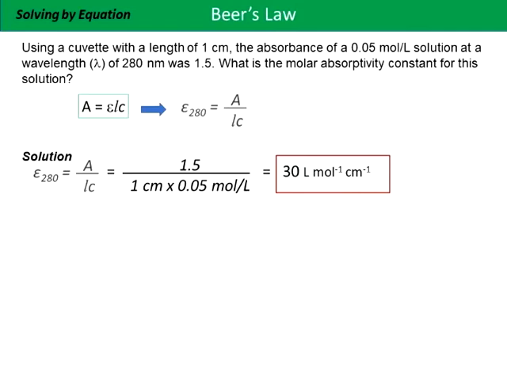We then put in the values of 1.5 for the absorbance and divide it by the path length times the concentration, and we obtain 30 liters per mole centimeter as the value for epsilon at this wavelength. It is very important to note that epsilon is specific for the solution at a specific wavelength.